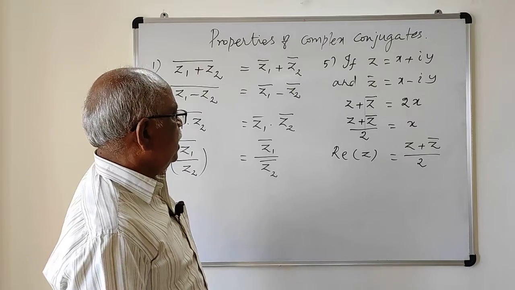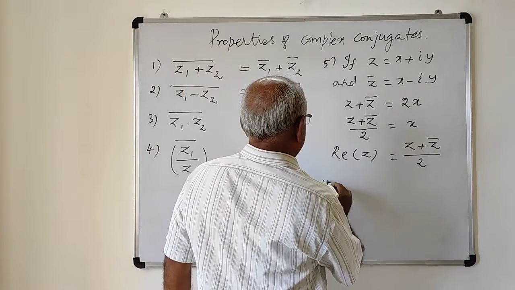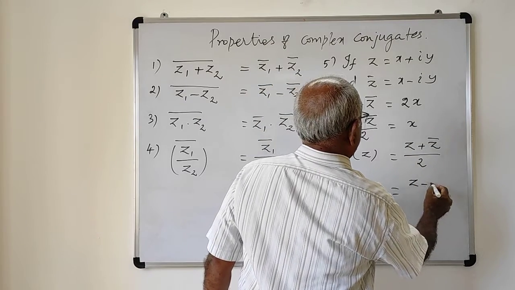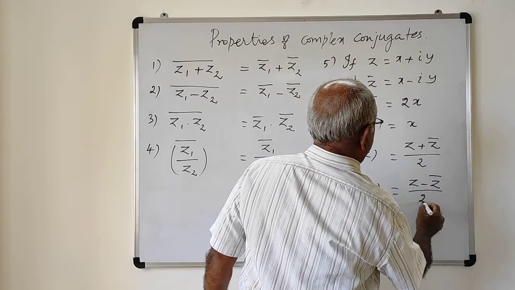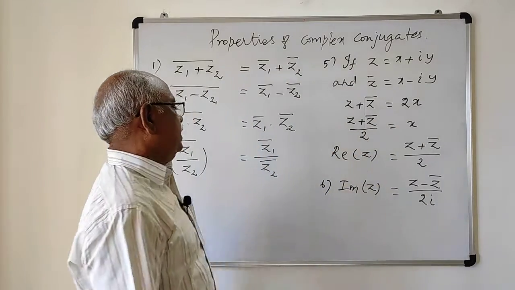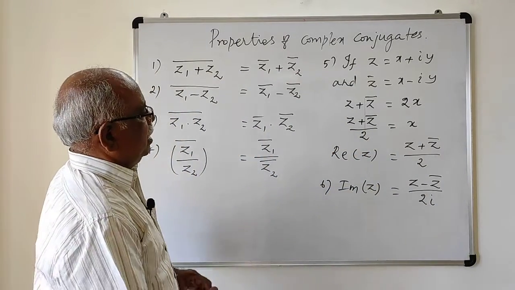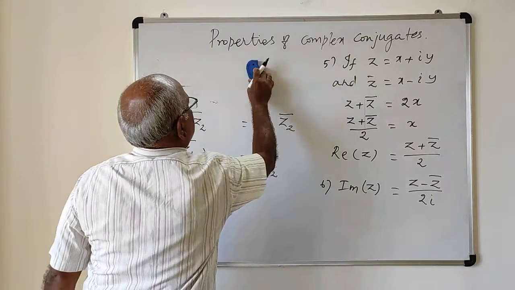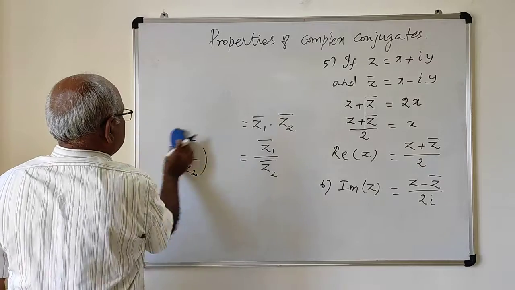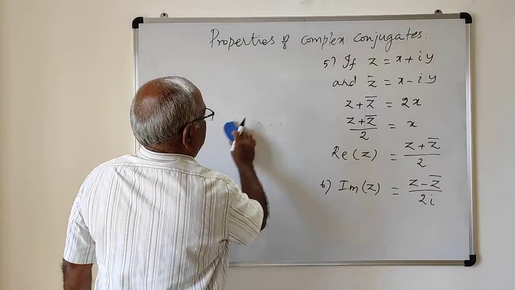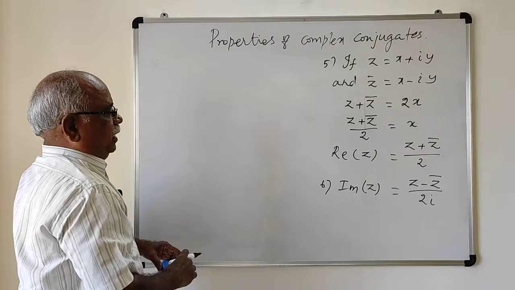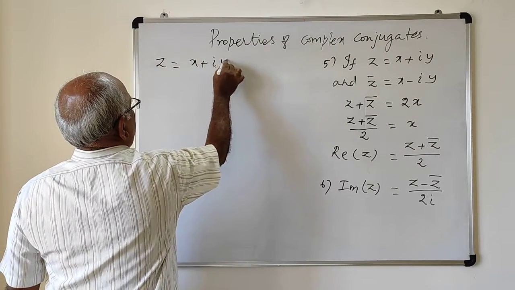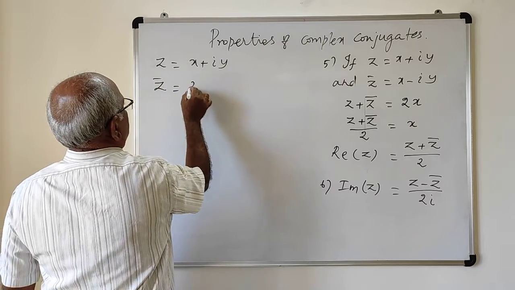Sixth property is the imaginary part of Z equals Z minus Z bar by 2i. This is the sixth one. How the sixth one will come, we will see. Z is x plus iy, Z bar is x minus iy.